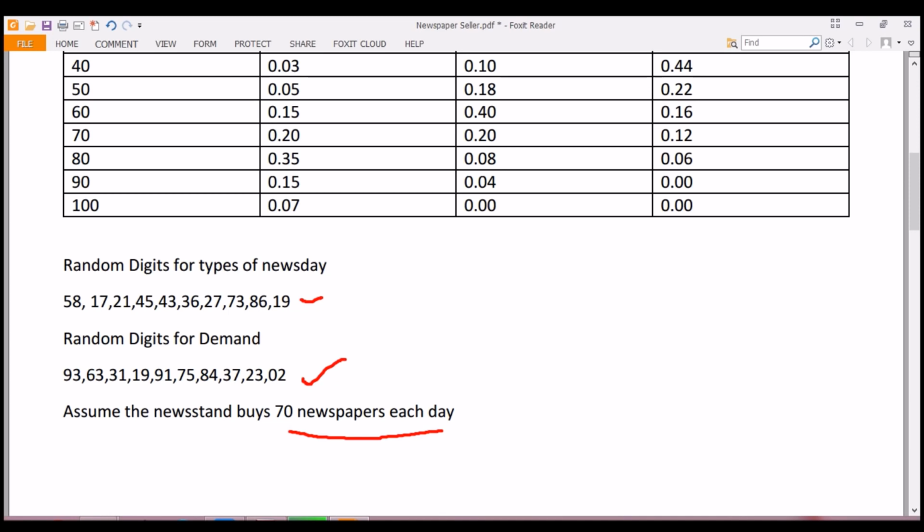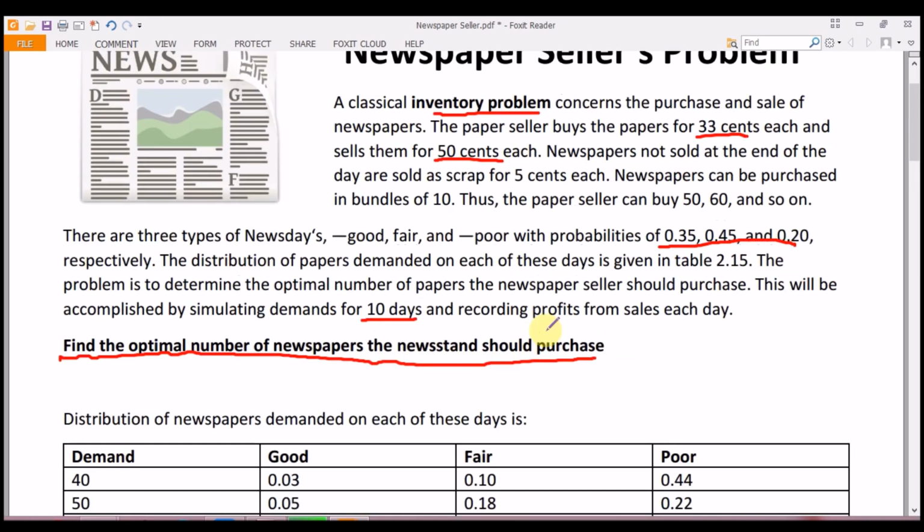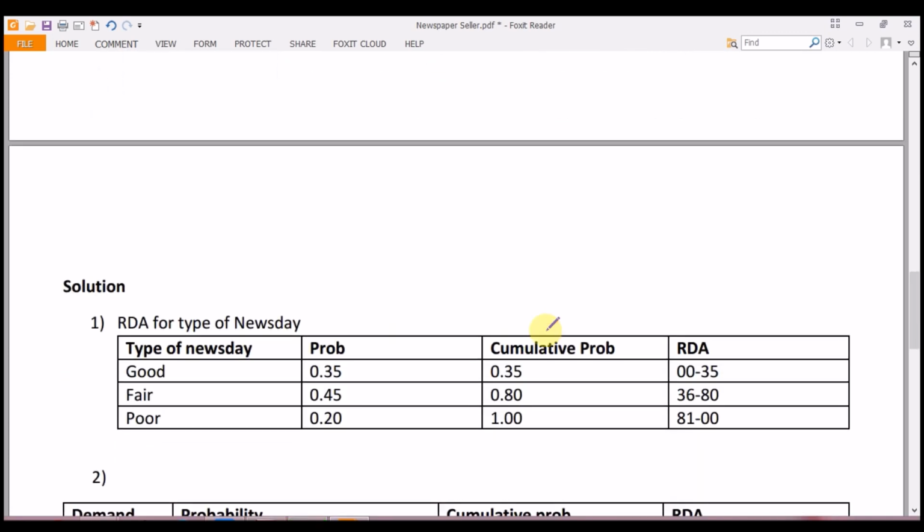So looking at the problem, now let's look at the solution and how we actually solve it. First, like all steps, we calculate the random digit assignment for the type of news days. There are three types of news days: good, fair and poor. The probability associated with this is already given in the question, that is 0.35, 0.45 and 0.20.